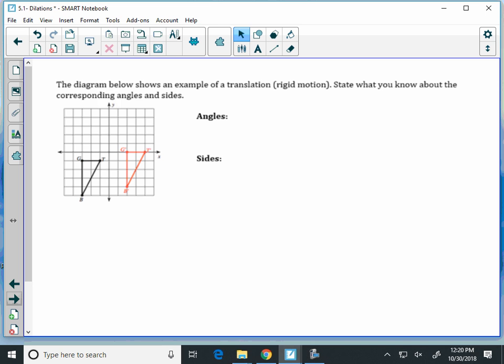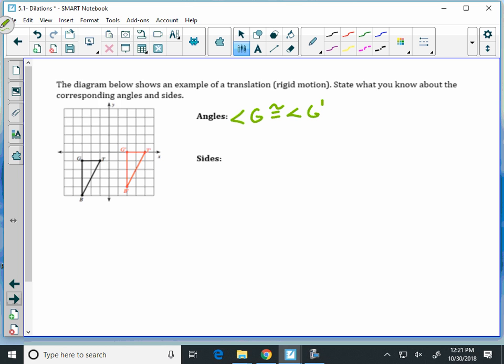We're going to state what we know about the corresponding angles and sides. Well, we know these figures are congruent. We know the corresponding angles are also congruent. They're the same. So we know angle G is congruent to angle G prime. The original angle is the same as the new angle. Nothing changed there.